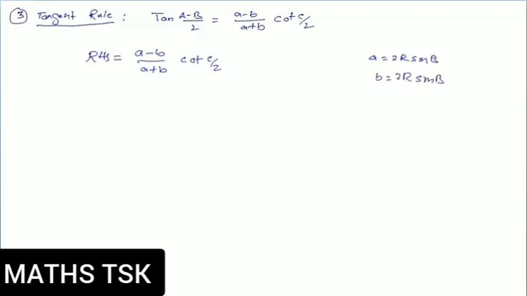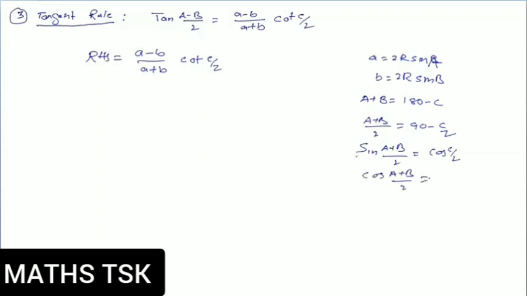And then A plus B plus C is equal to 180 degrees, therefore A plus B is equal to 180 minus C, (A plus B)/2 is equal to 90 minus C/2, therefore sine of (A plus B)/2 is cos C/2, or else cos of (A plus B)/2 is equal to sin C/2. These are the things we must know before entering into the problem. Right, now come here. What is a?